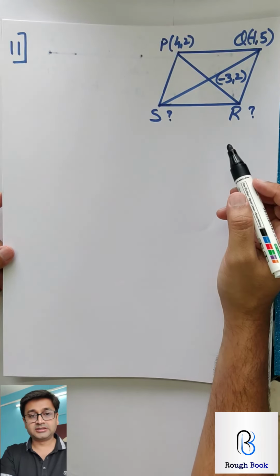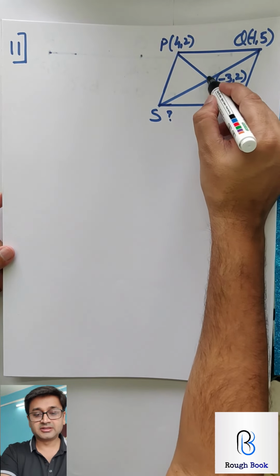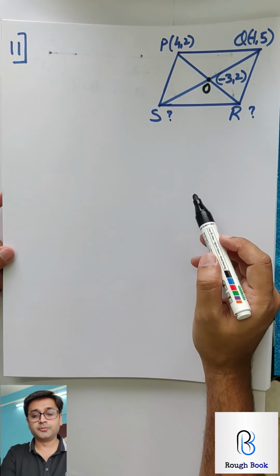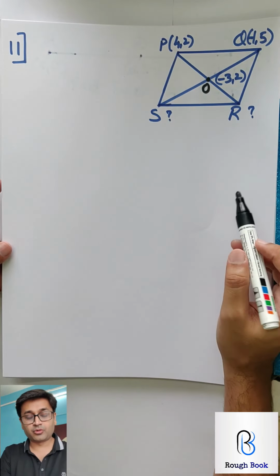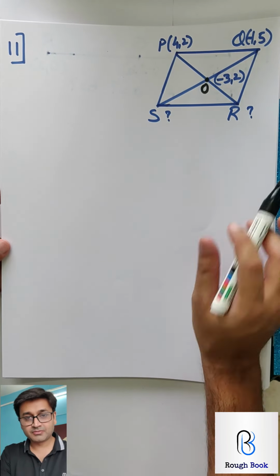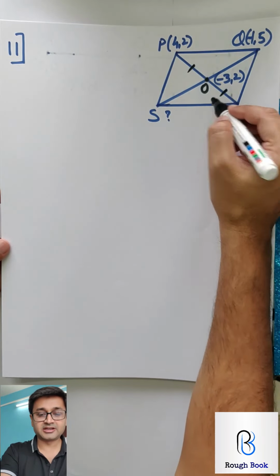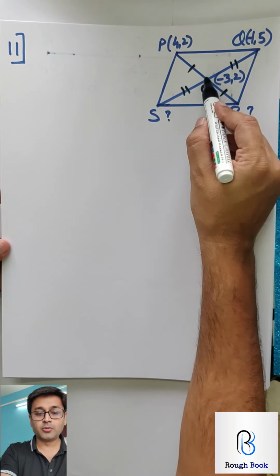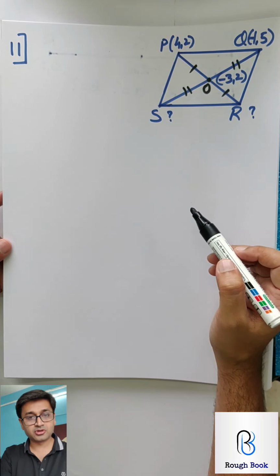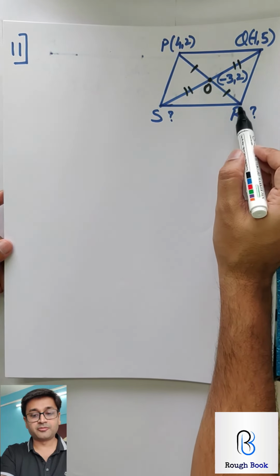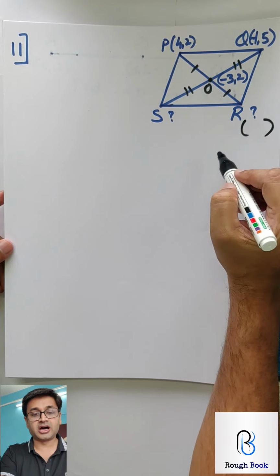PQRS is a parallelogram, they say, and this is the point of intersection, let's say O. You got to find S and R. So since it's a parallelogram, what can you comment on the diagonals? Very good. Diagonals bisect each other. So that means O becomes the midpoint of PR and O also becomes the midpoint of QS. So if O is the midpoint of PR, can you find the coordinates for R?